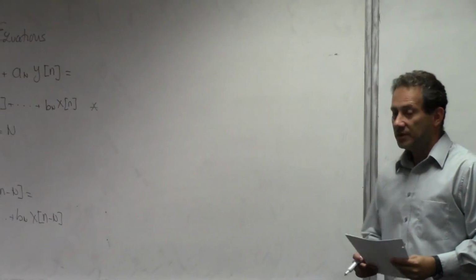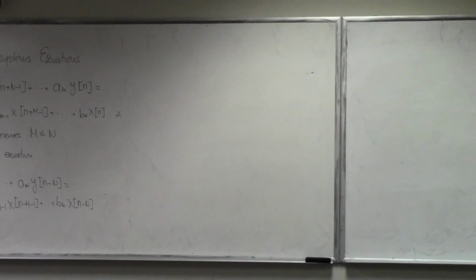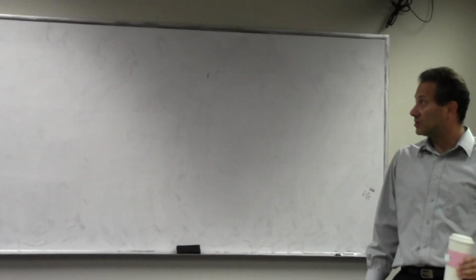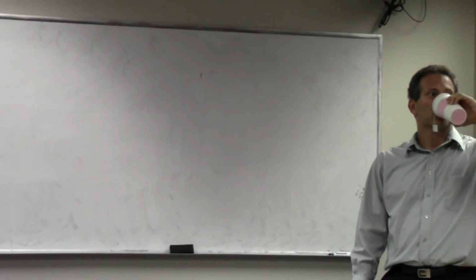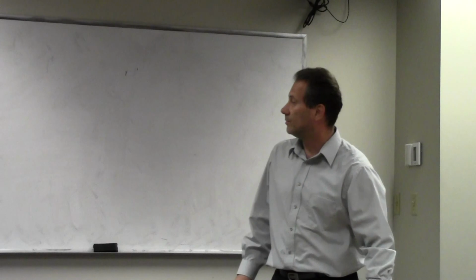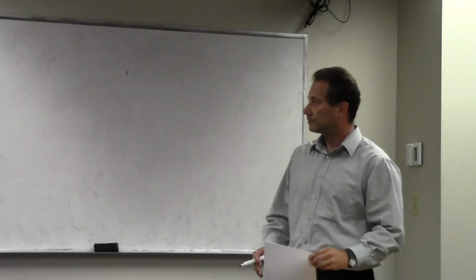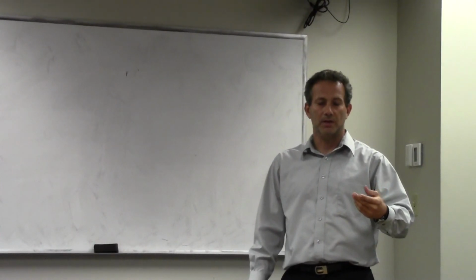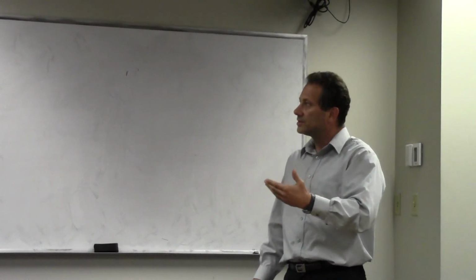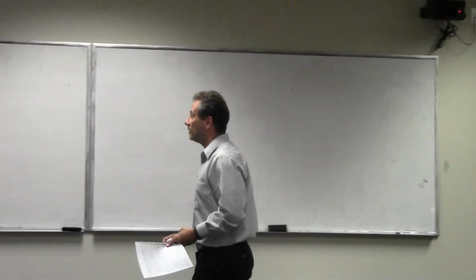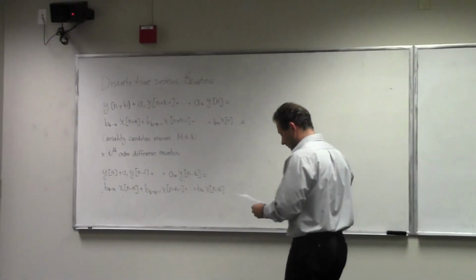So the question is, how do you solve this equation? And the answer is, well, it's already solved. Unlike a differential equation, where you cannot really get y of t easily, here, because you're walking in discrete steps, your y of n is already spelled out for you.